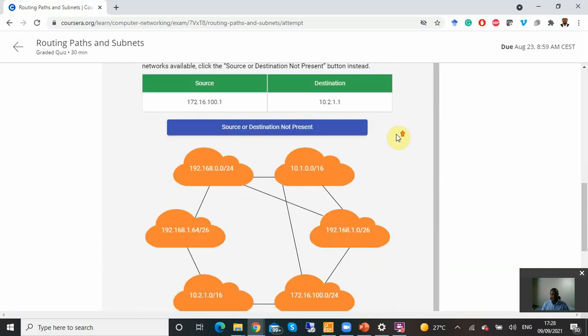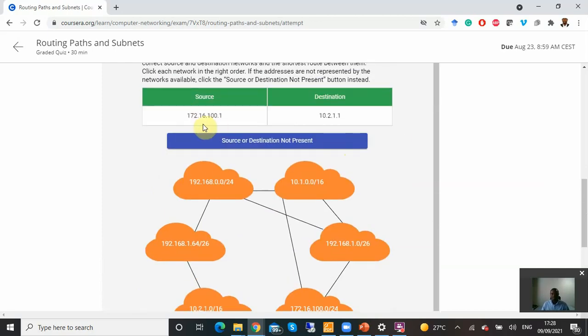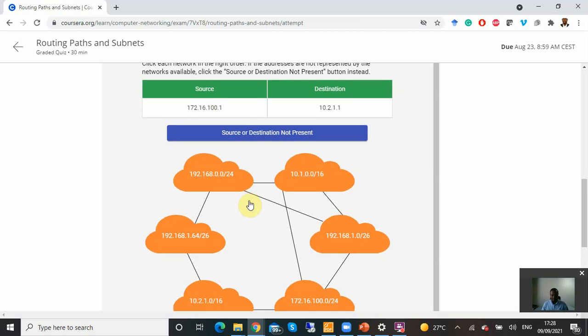Question number 5. 172.16.0.1. This belongs to a class B. Moving from source of class B to a destination of class A. So let's check the network space address that corresponds to this class B. Take a look at this. 172.16.0.1.